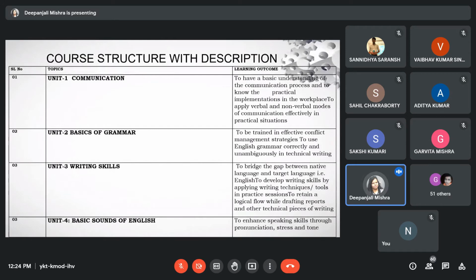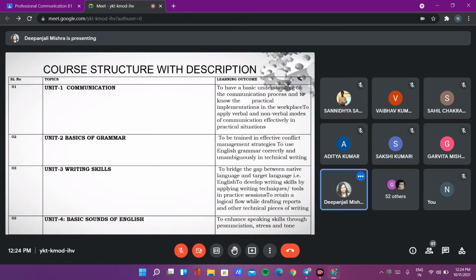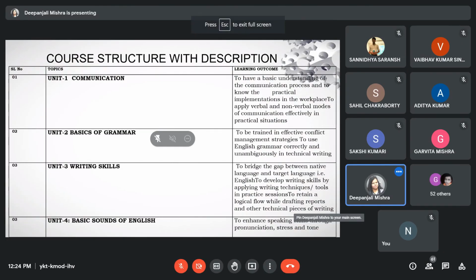The basic objective is to have a basic understanding of the communication process and to know the practical implementation in the workplace, to apply verbal and non-verbal modes of communication effectively in practical situations. When I saw you, I didn't see your face, but immediately I said that all of you are in festive mode. How did I know? It is through non-verbal communication.